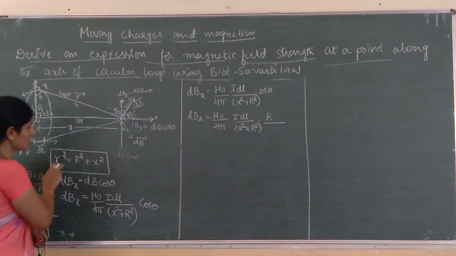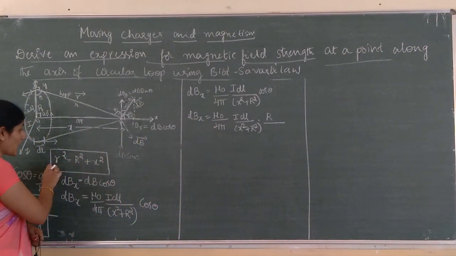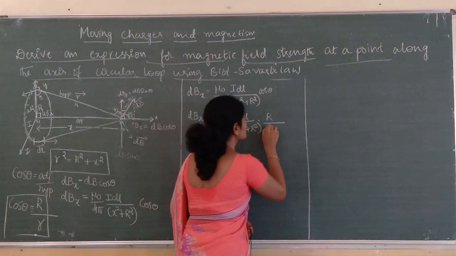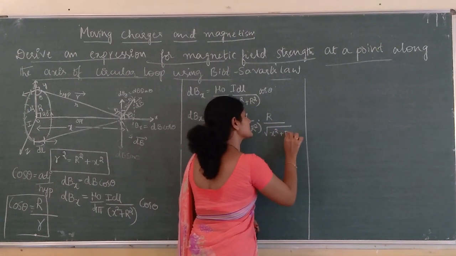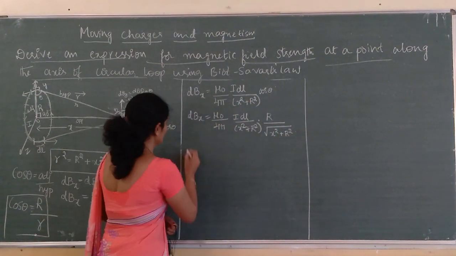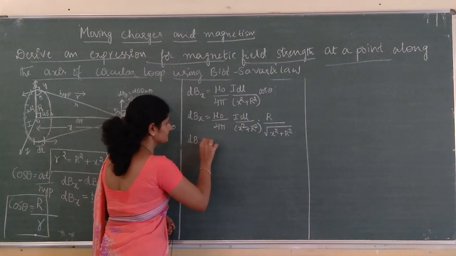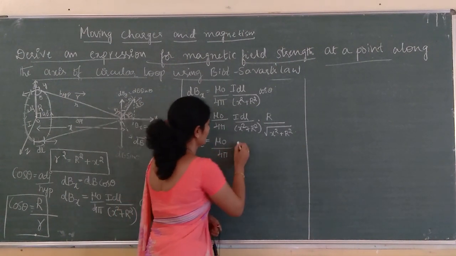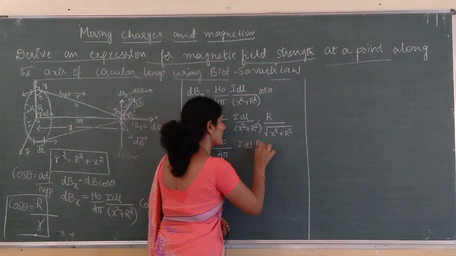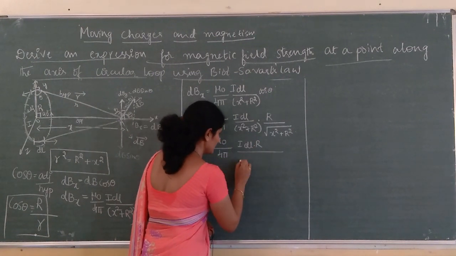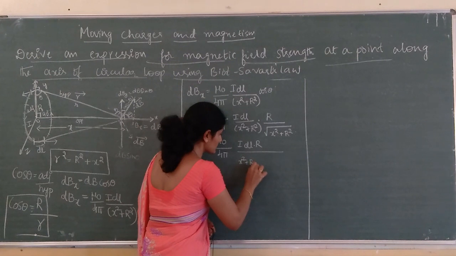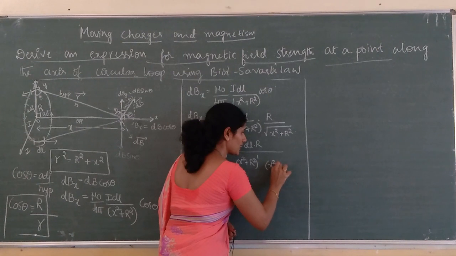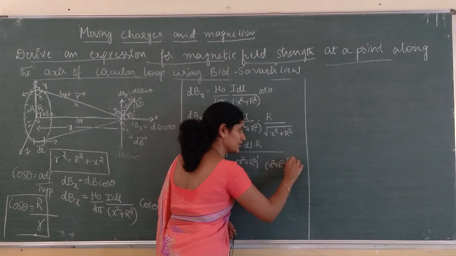We know that r square is x square plus R square, so r is square root of x square plus R square. So dBx is equal to mu naught by 4 pi I dl into R divided by x square plus R square to the power 1, and here we have x square plus R square to the power 1 by 2, root.